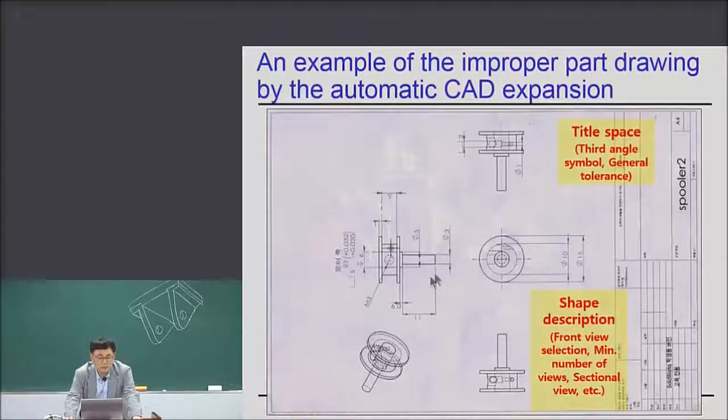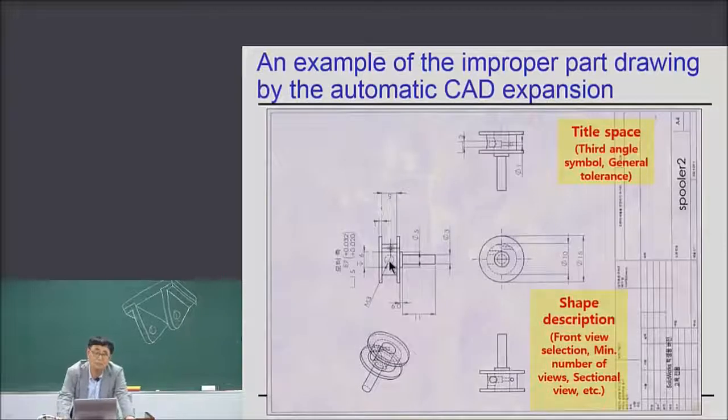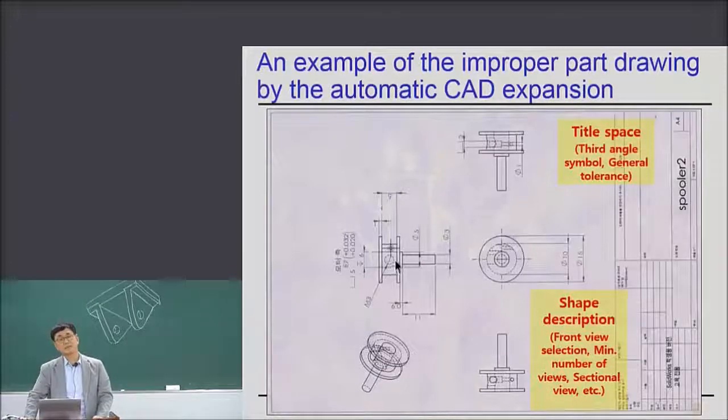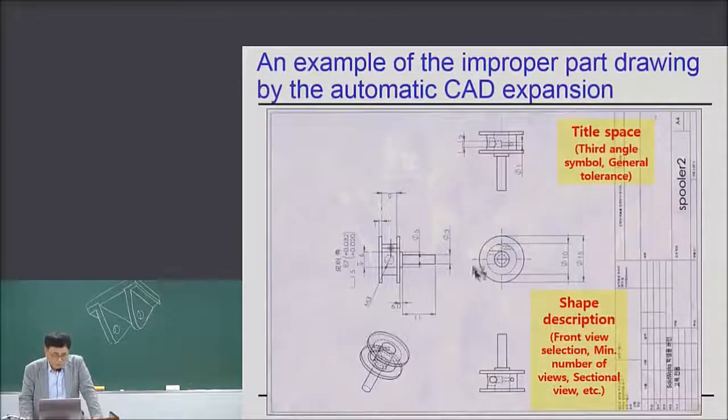This is the proper front view direction. Now, in this drawing, there are the front view, right side view, left side view, and top view. This is ridiculous. Minimum number of views. These poor graduate students made all the side views, left side view, and top view. Oh my God.